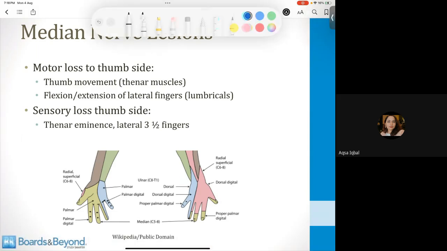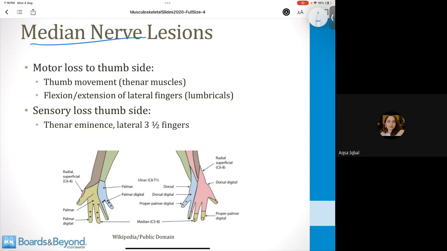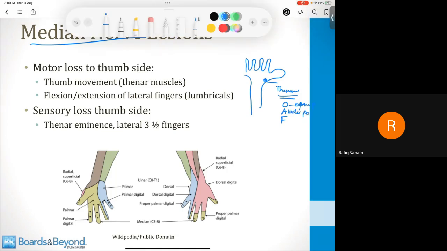We discussed the function of your median nerve. Let me tell you again. For example, if this is your hand, the median nerve is going to supply the thenar muscles. What are your thenar muscles? Opponens pollicis, abductor pollicis brevis, and flexor pollicis brevis.